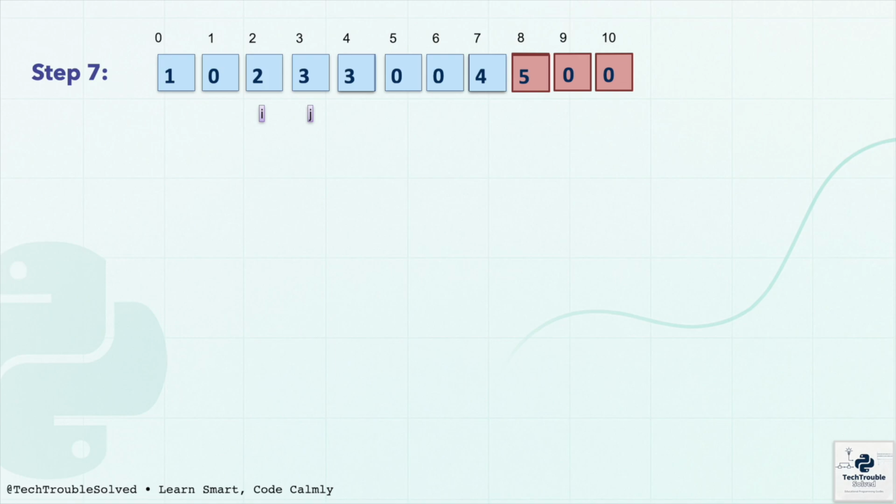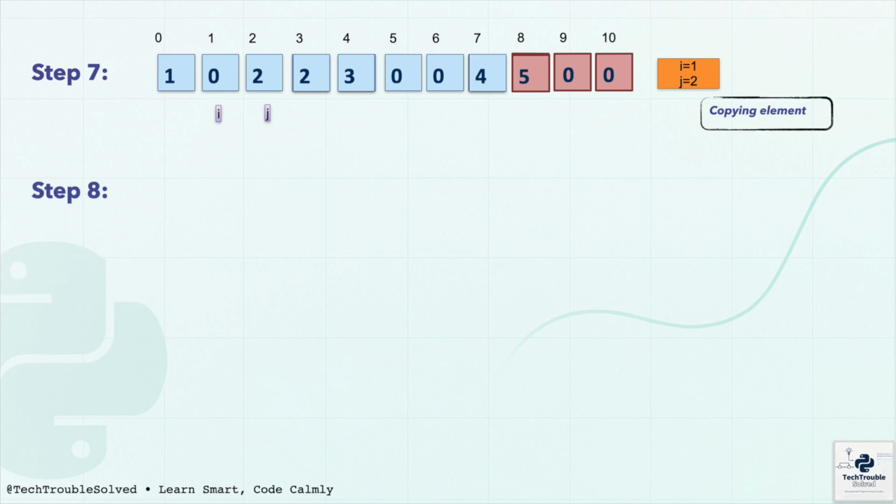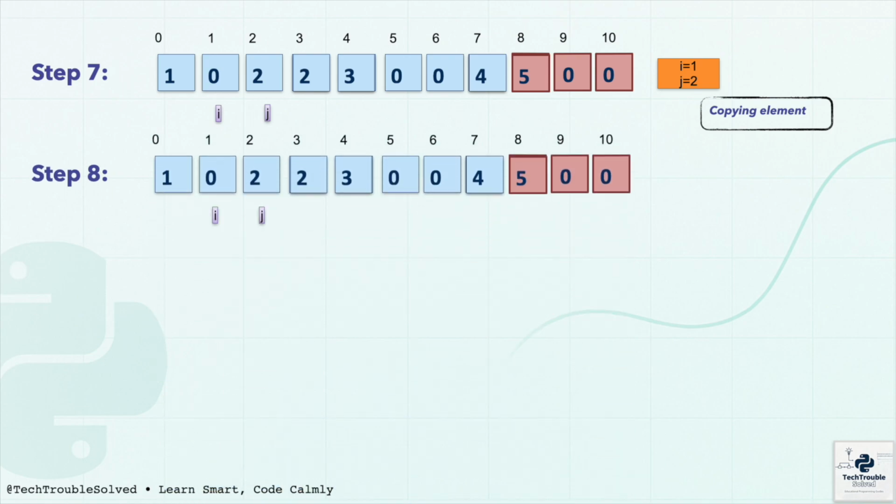So I value 2 will copy to j at 3 and the pointers will move back by 1. So I's new position will be 1 and j's new position will be 2 at the end of step 7. At step 8, I is at index 1 and j is at index 2.